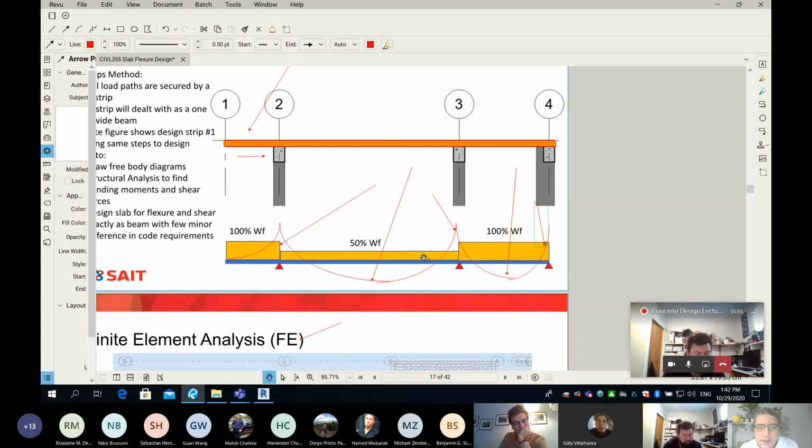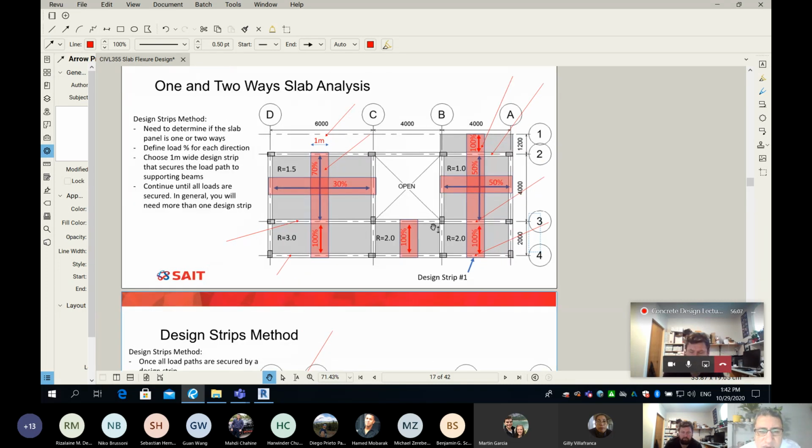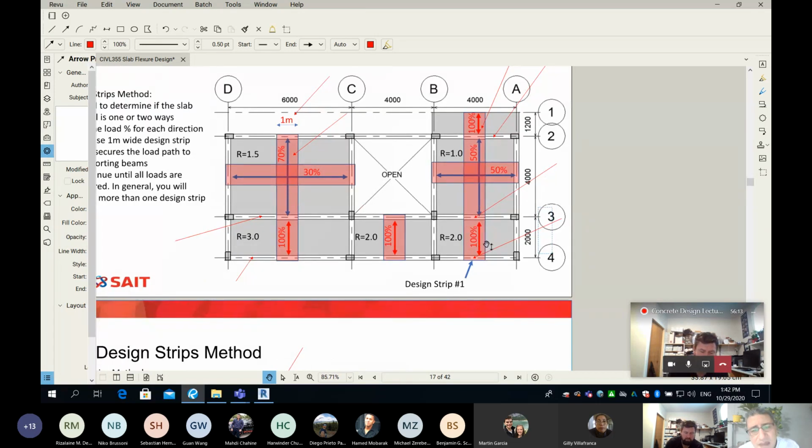Excellent. Now look at this, please. I know this is kind of time consuming, but just please follow the discussion. I'm not asking you to do anything by yourself for now. If I am able to find the bending moment and design, I can simply place my rebar in this direction.